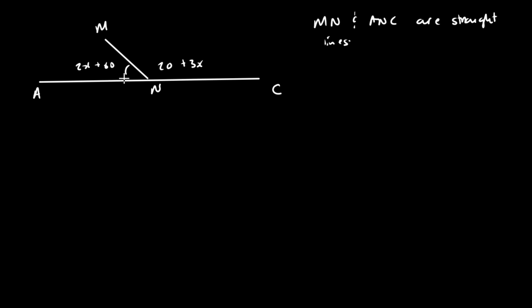We said if it's a straight line and we have adjacent angles on a straight line, then those angles that are on a straight line and they are adjacent, they should add to 180. We don't care how they look like, things like that. What we care about is that we should add whatever is here, which means 2x plus 60 plus 20 plus 3x, right?